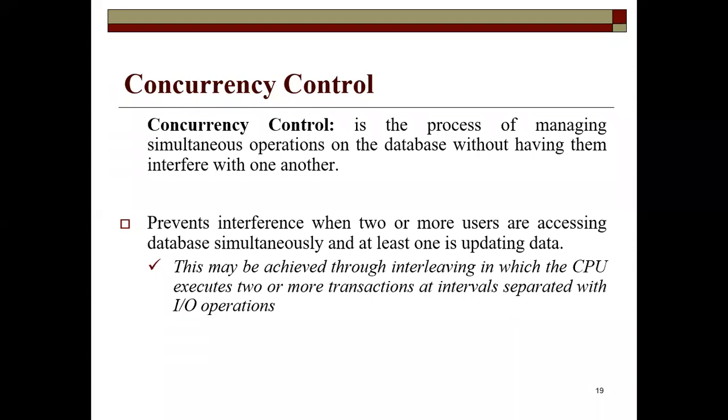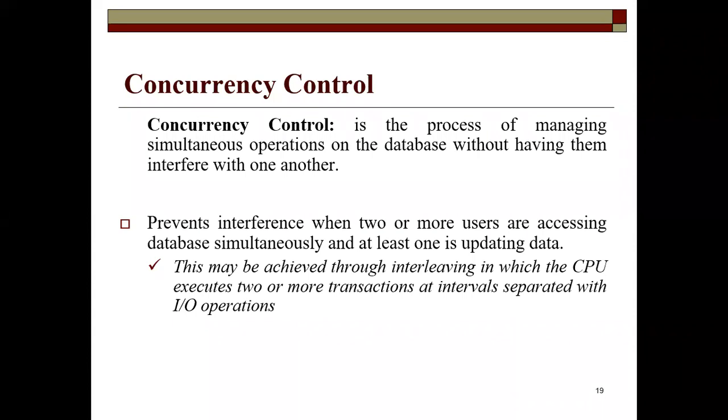And in some cases, at least one of them is making an update to the data. Our goal is to ensure that this can happen at the same time. However, we don't want to have one transaction interfering with another, or the actions of one user interfering with those of another user. And therefore, we introduce the aspect of concurrency control.